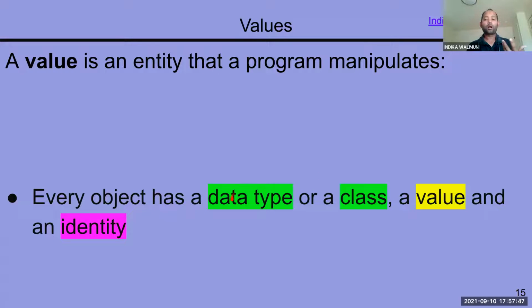It has a value, like the phrase hello world, and, more importantly, an identity. So any object in Python has all these three things: the type, the value, and the identity.